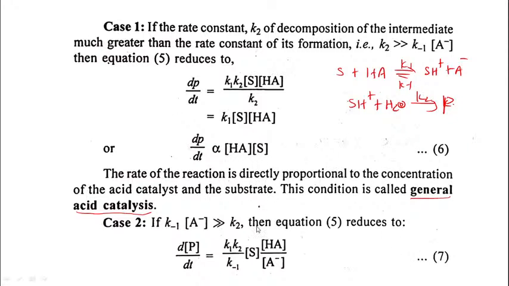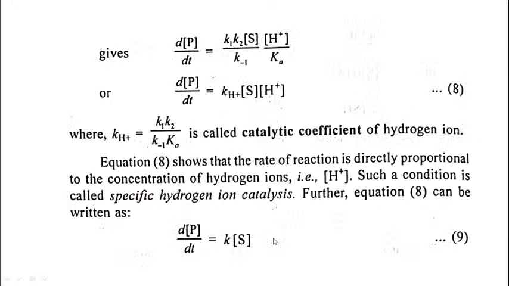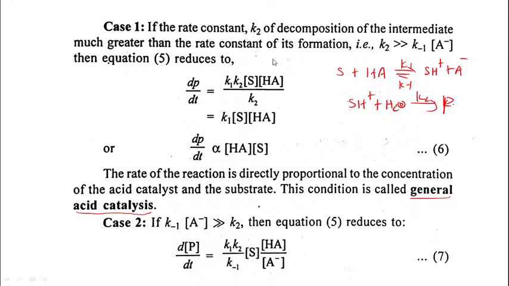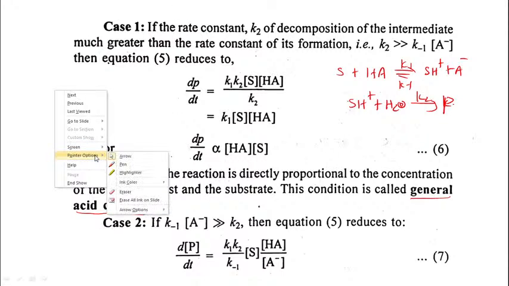Now we can find this ratio, concentration of the acid divided by concentration of the anion. Let us see how it will be. So rate of the formation of the product is equal to K1 into K2 into concentration of the substrate divided by K minus 1 into concentration of the H plus upon K. How does it become so? Let us write the dissociation of this general acid.